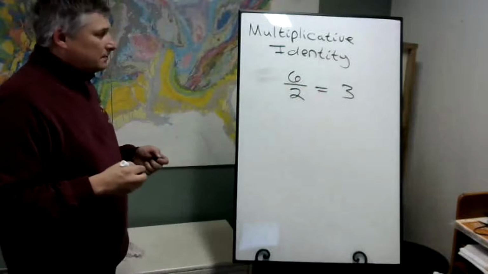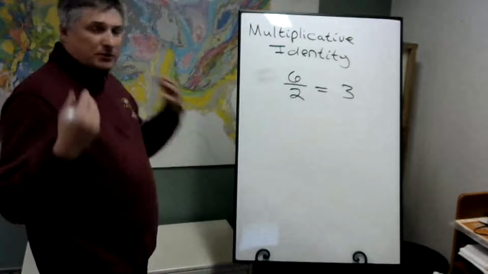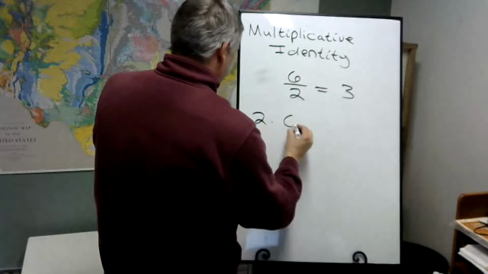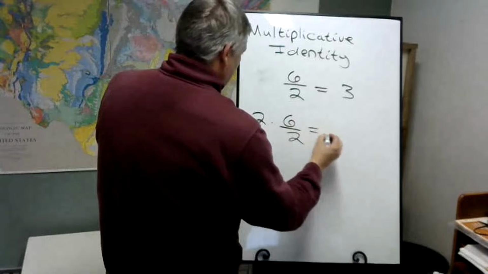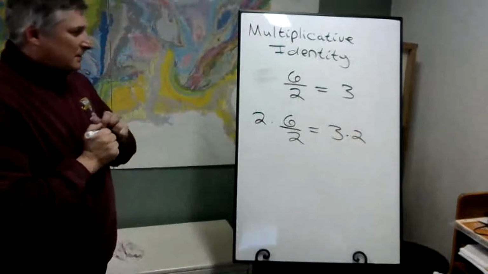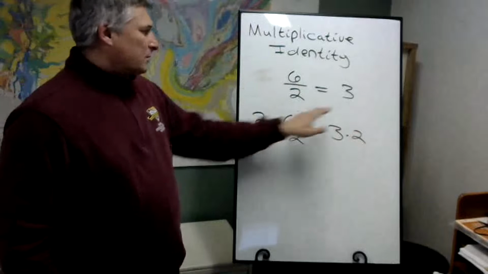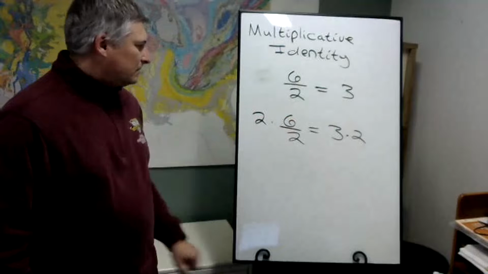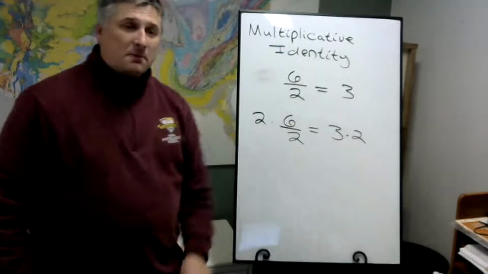Now what we could do is multiply both sides by 2. And this is 3. Of course, this is 3. So that means this will be 3 times 2, 3 times 2.